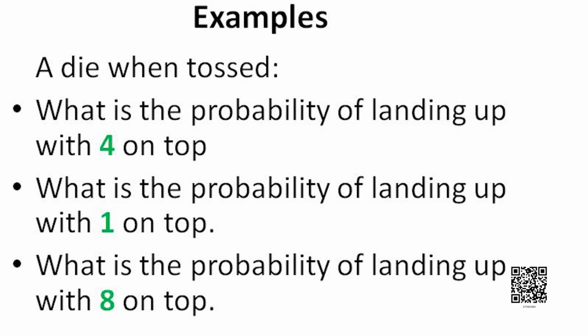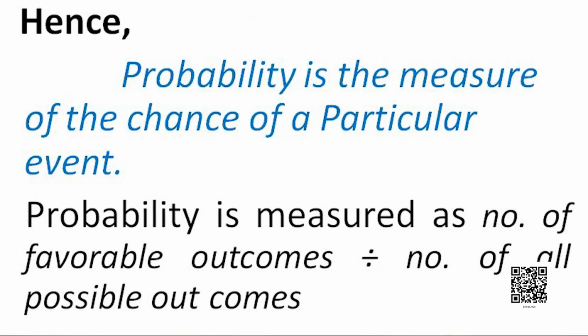Okay, so 1 upon 6. The total number of chances of an event occurring we take as the denominator, and the chances of the event occurring in the numerator. So we write that probability is measured as the number of favorable outcomes divided by the total or all possible outcomes.